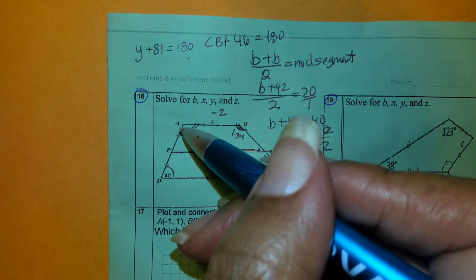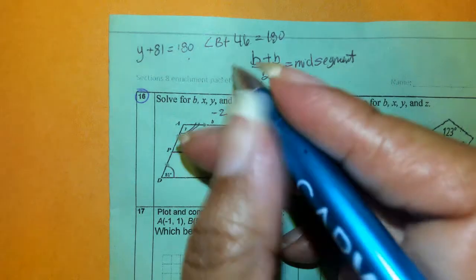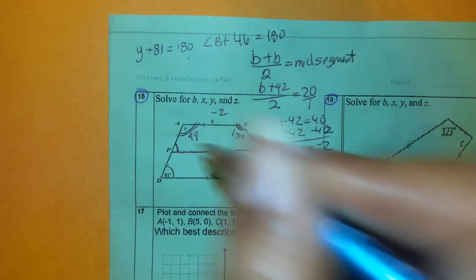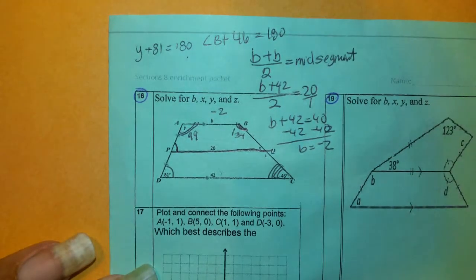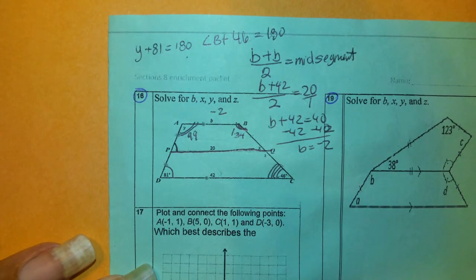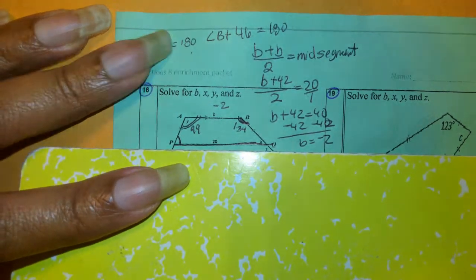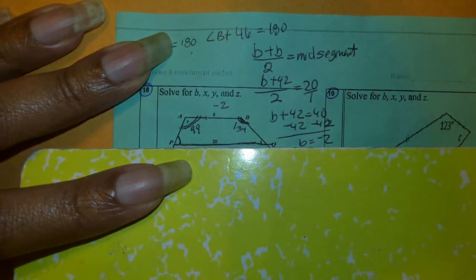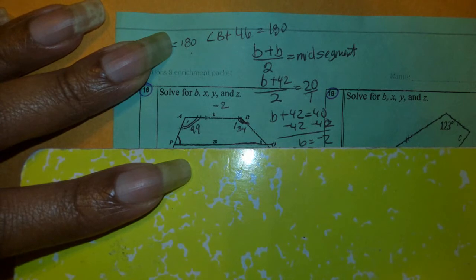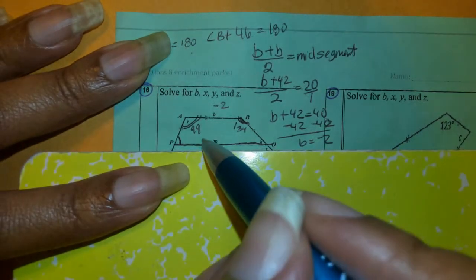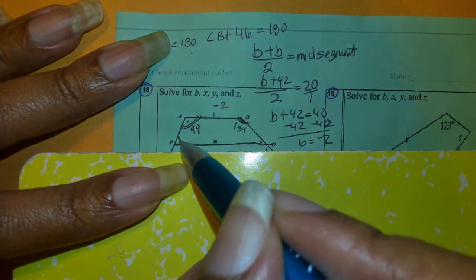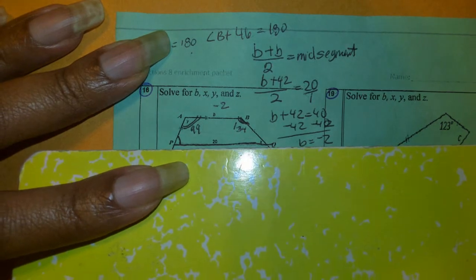So if this is 91, the bottom of this still has to match up, because remember the rule of a trapezoid is that our consecutive angles add up to 180. So if this is 99 here, I know that P needs to be 81.